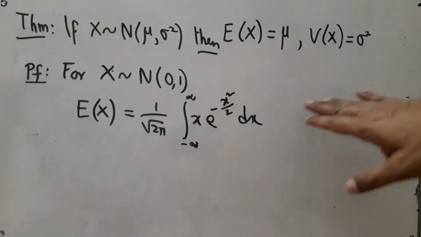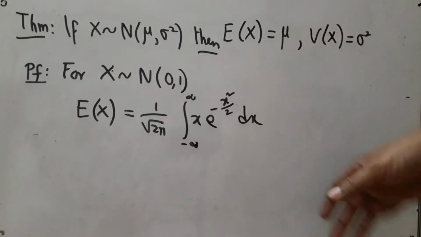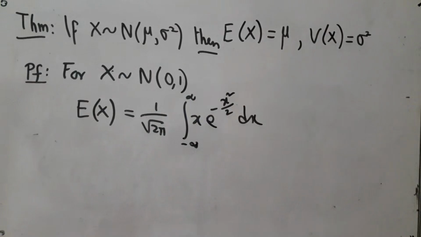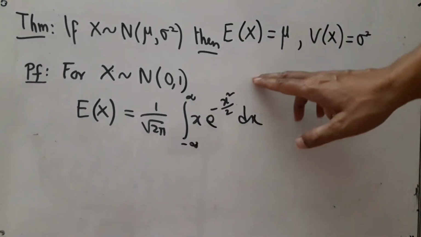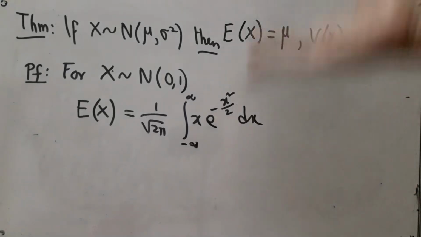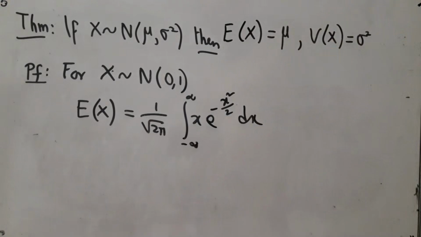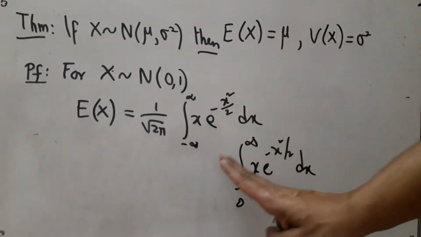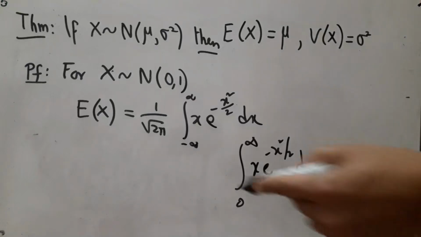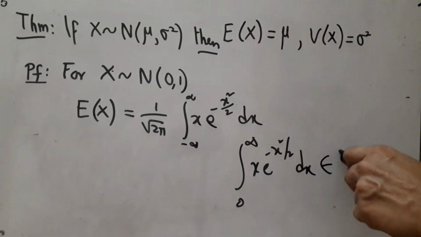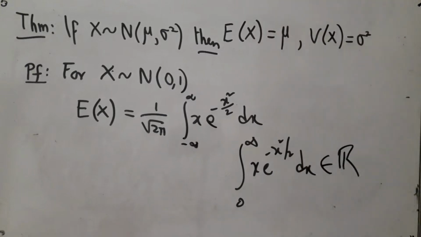Now you may rush to the conclusion that this has to be 0 because it's an odd function and you are integrating over a symmetric interval around 0. But beware, we had a pretty similar situation in the case of Cauchy, and the warning that was applicable there is applicable here as well. Namely, you first need to argue that half of it is indeed a real number, that is, it is not infinite.